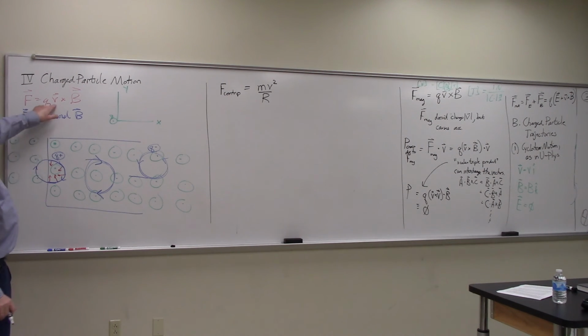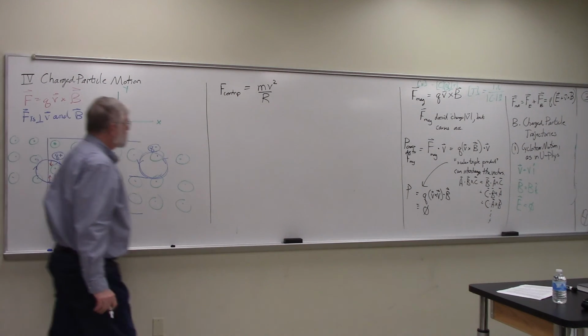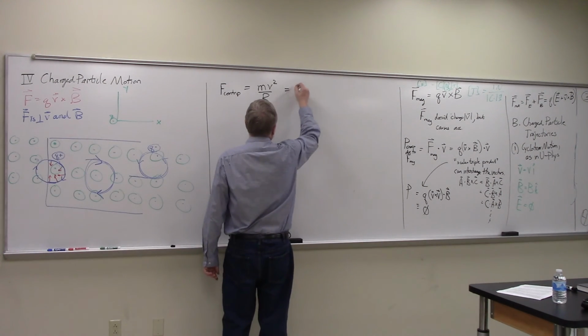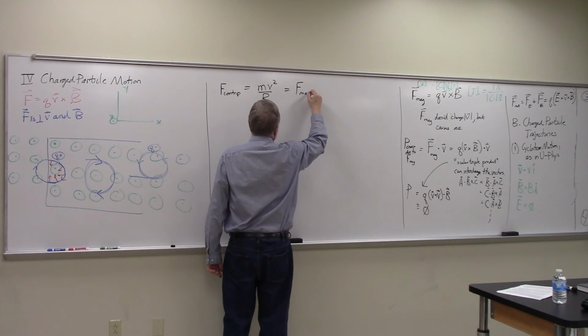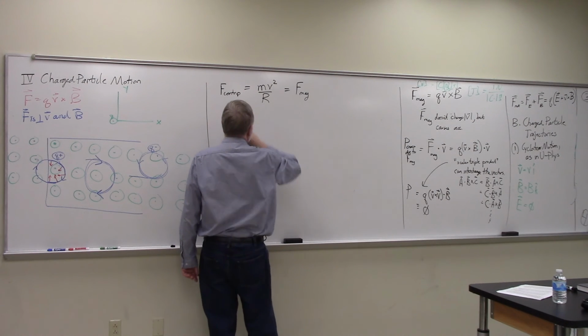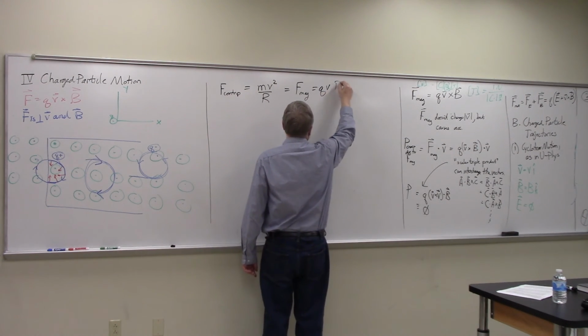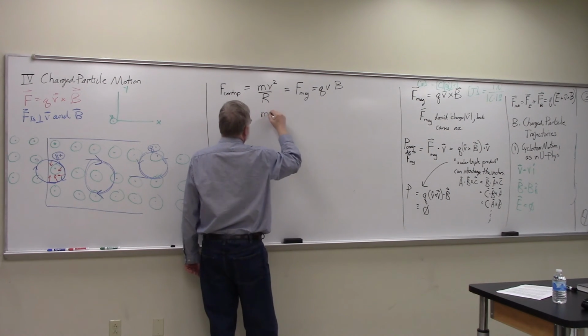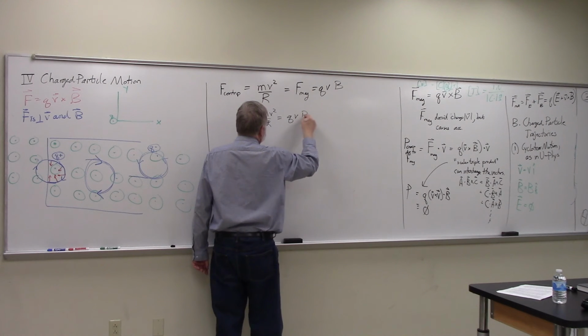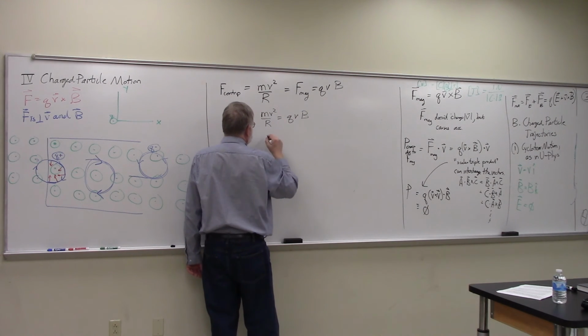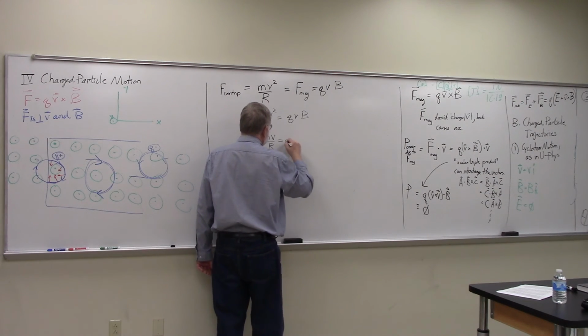But v and B are perpendicular, so if this is the net force, if the only force on the object is magnetic and it causes centripetal motion, and this is Q times v times B, so mv squared over r is QvB, cancel out a v, and mv over r equals QB.